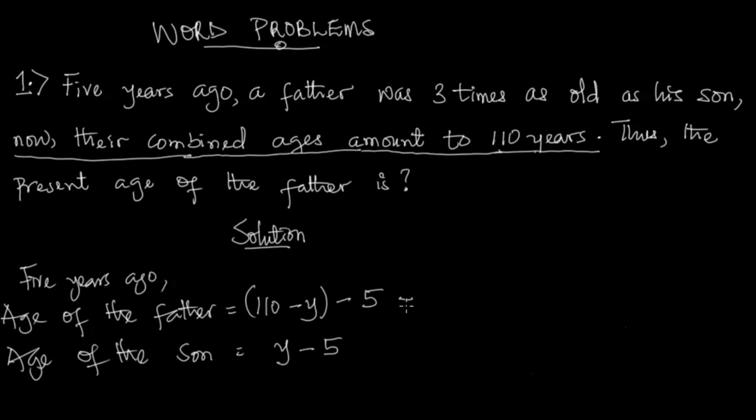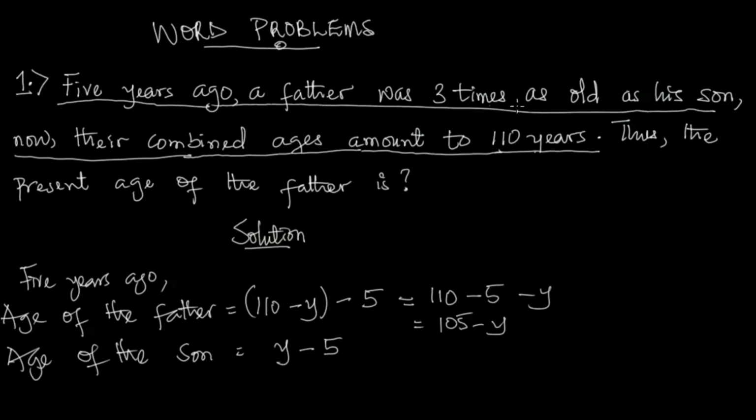Alright, so this will be equal to 110 minus 5 minus y. When you collect like terms, right? And this will be 105 minus y. So the age of the father 5 years ago was 105 minus y.